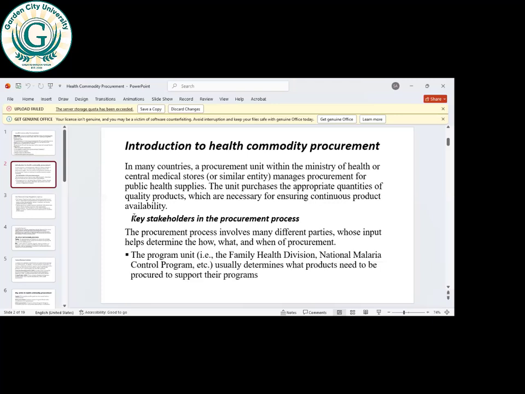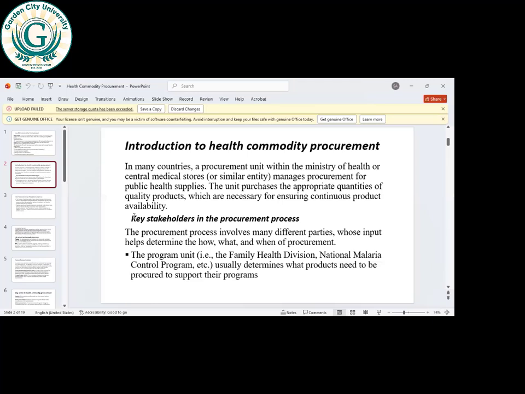So when you talk of health commodity procurement, there is a unit that handles it, and in most countries, it's the Ministry of Health that controls it. In our case, we have the Ministry of Health and Ghana Health Services, but normally they work hand in hand to ensure that items are procured.